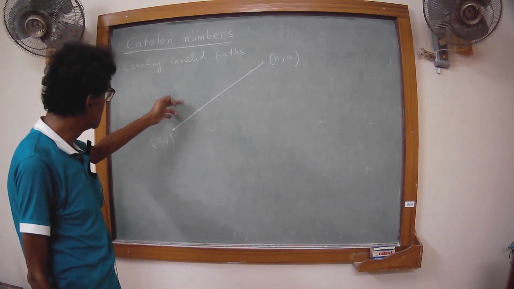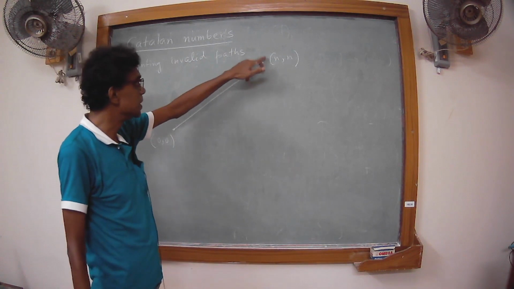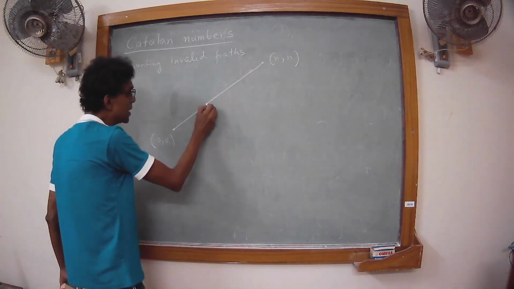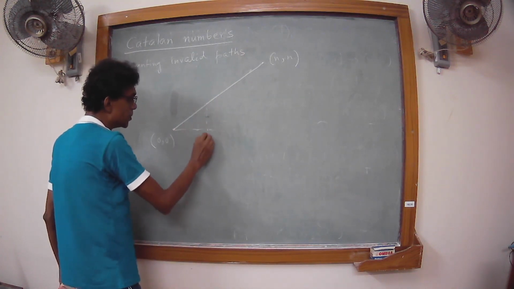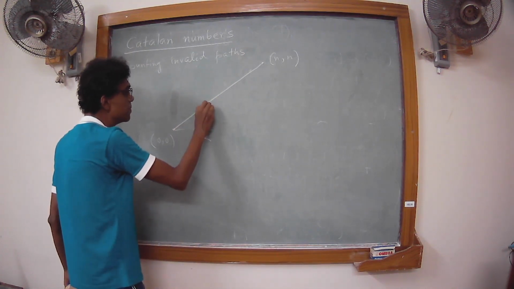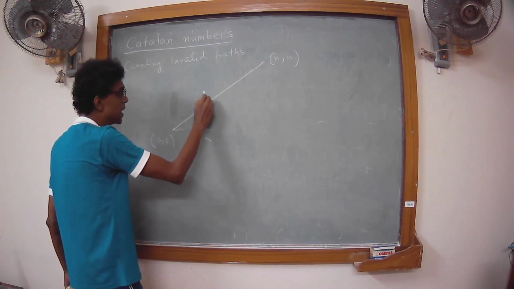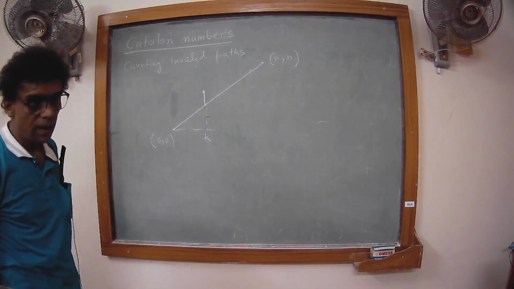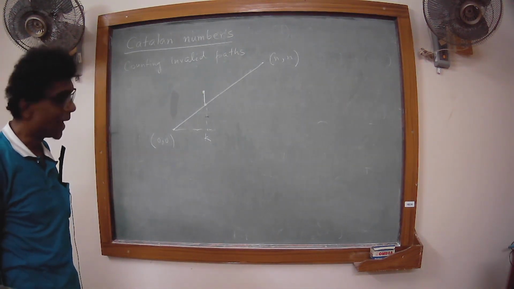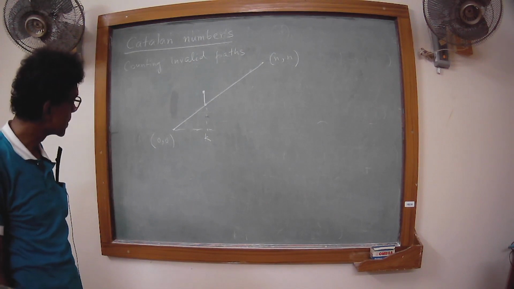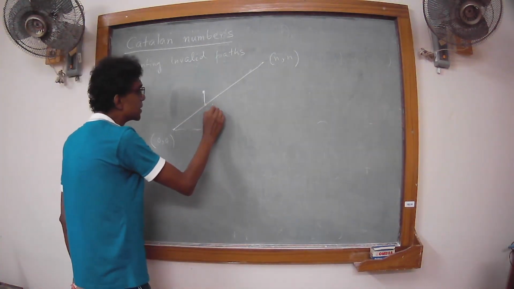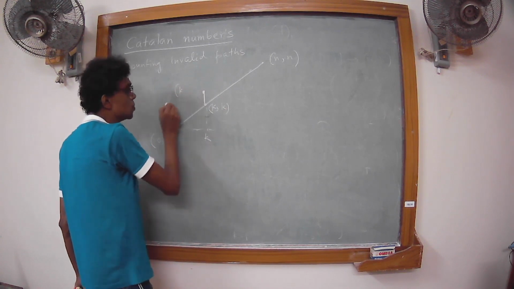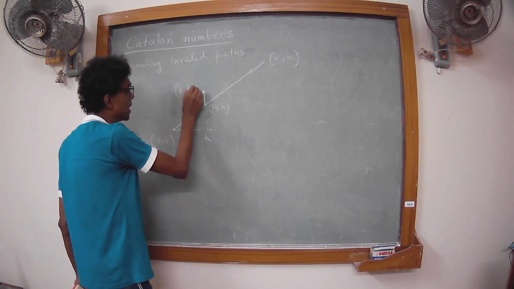It can be here, it can be here, it can be here. Of course, it cannot be here because you have reached the destination at n,n. So let us say position k, this is the first time the path makes a non-allowed movement. So this point is k,k. At this point, it goes to k, k plus 1.